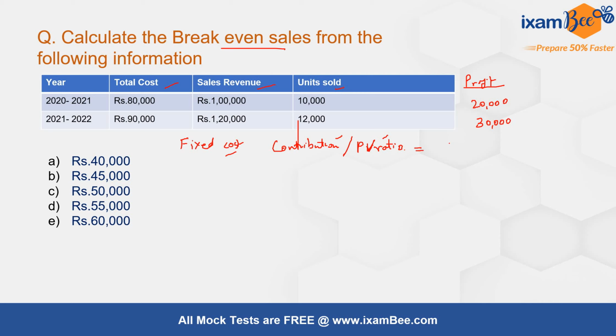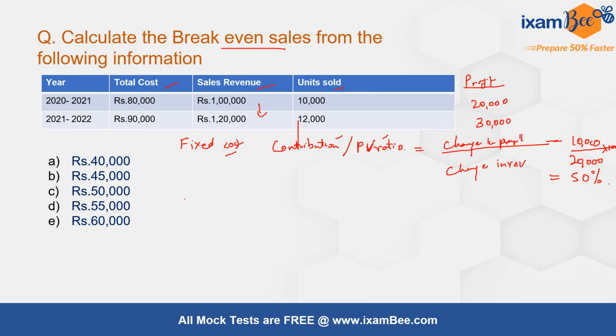Having known this, now I can calculate my PV ratio as change in profit to change in revenue, which is equal to increase in profitability of 10,000 divided by increase in revenue of 20,000, which in percentage terms, if I multiply by 100, gives me 50%. Now this is known to me.